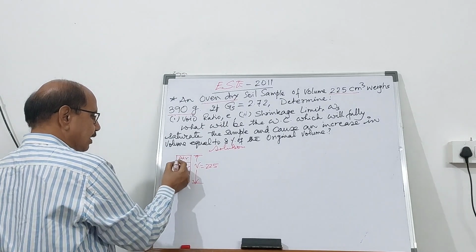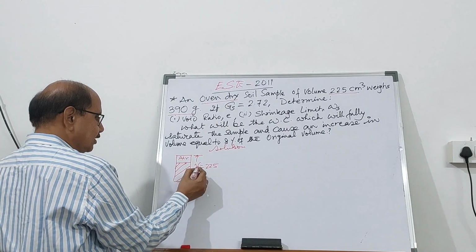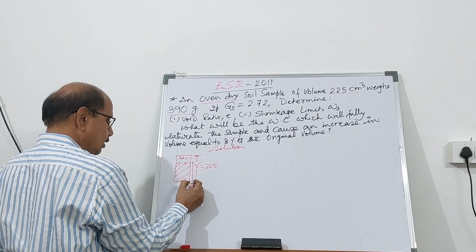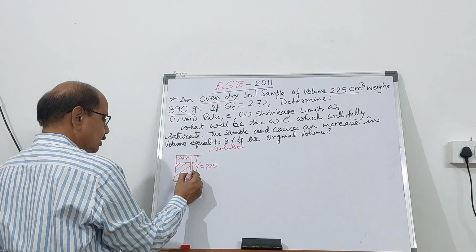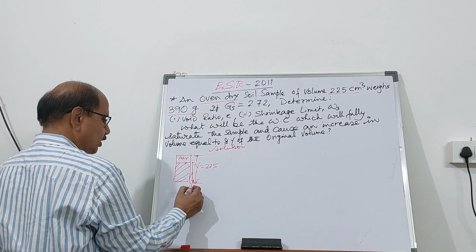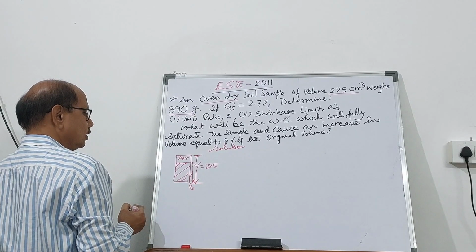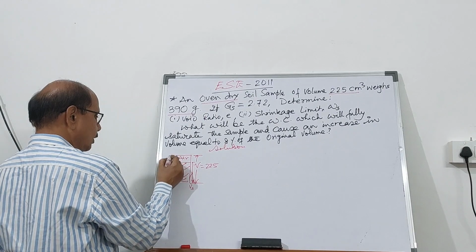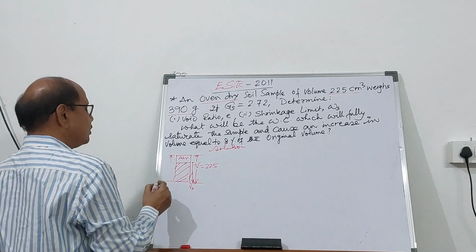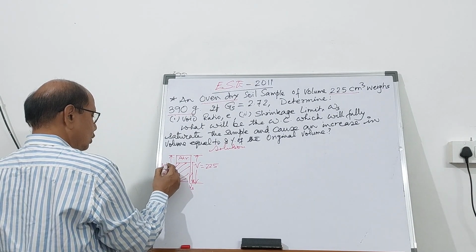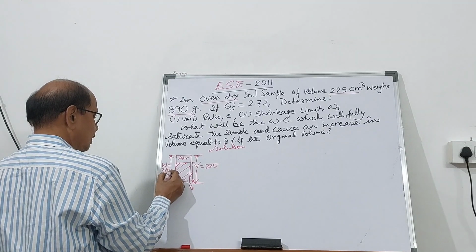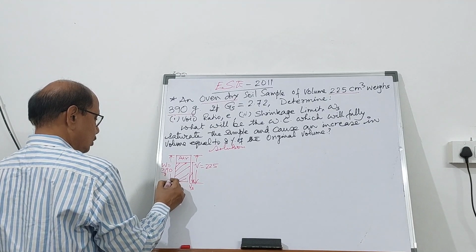In the three-phase diagram, it will be soil solids. This is the volume of the soil solids, from here up to here. And the total weight is given to you as 390 grams.